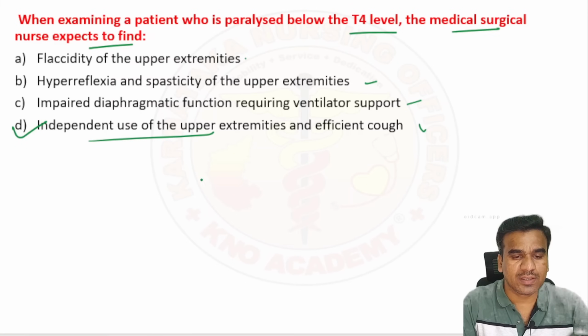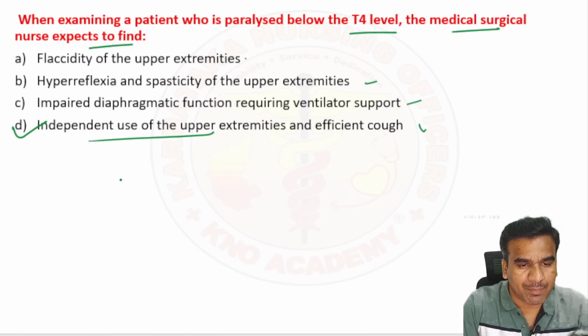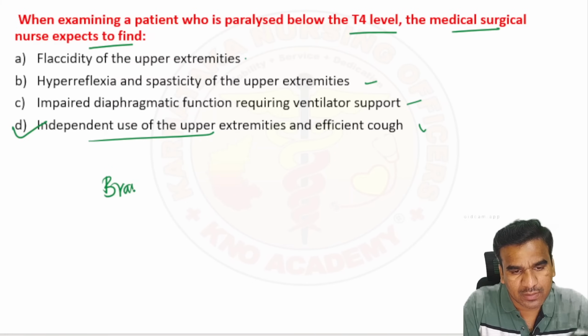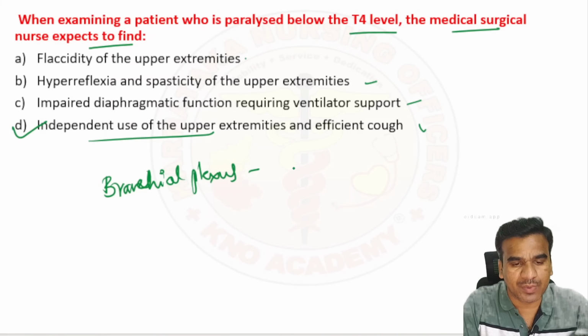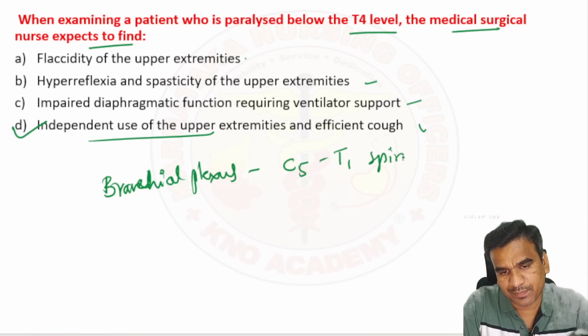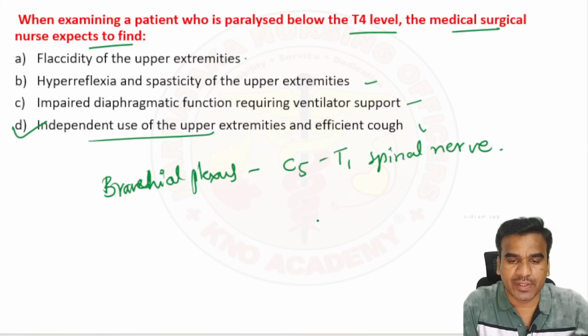Why, I will tell you: the upper extremities are supplied by the brachial plexus, which is formed by the C5 to T1 spinal nerves.